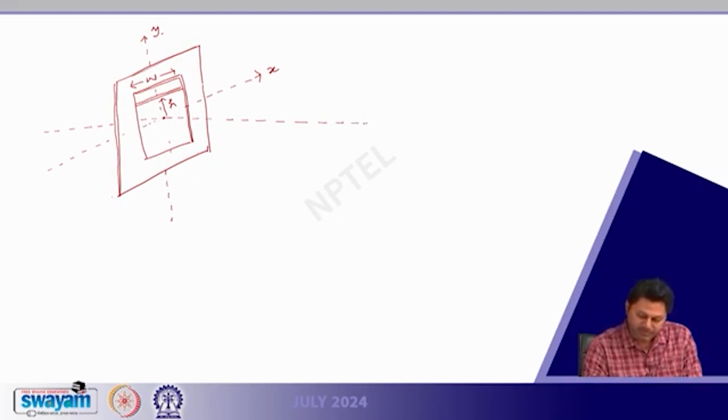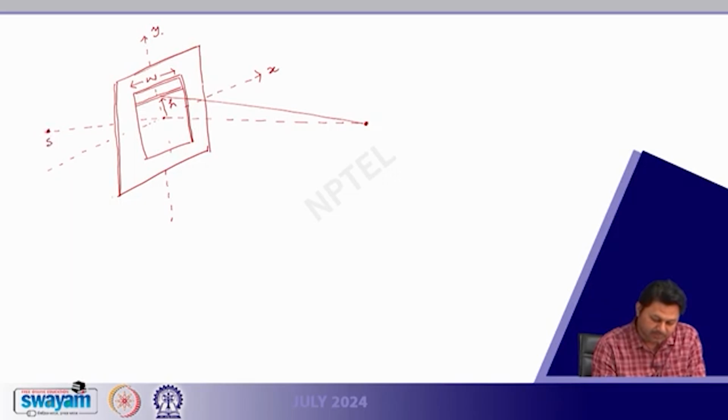and here the point P over the axis. So, let me draw the source S, and here the point P, and we draw the R here.